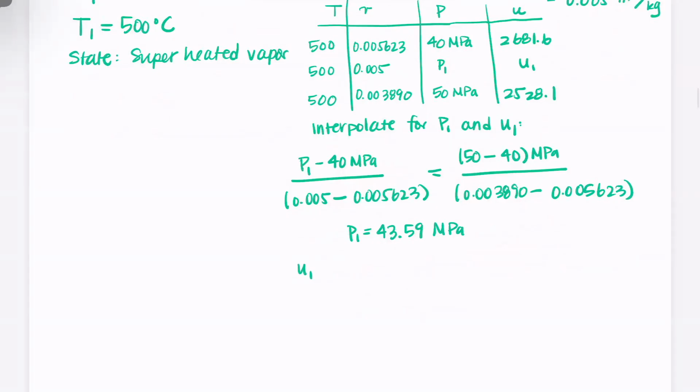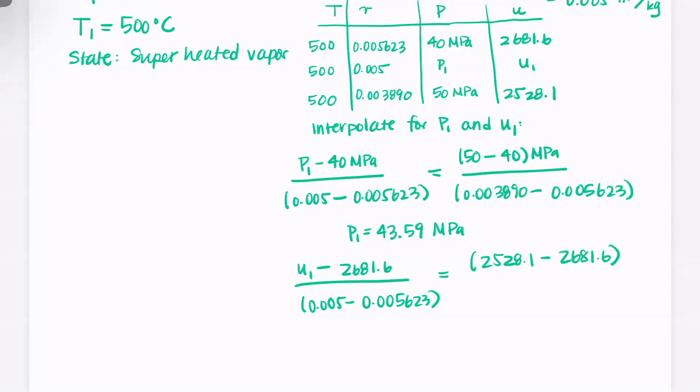So I have U1 minus 2681.6 divided by 0.005 minus 0.005623 is equal to 2528.1 minus 2681.6 divided by 0.003890 minus 0.005623.